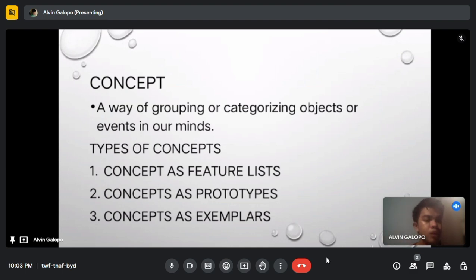Here it allows learners to know that an example under the concept may have variability. So exemplars mean variability, a variety of examples. Those are the three types of concepts: concepts as features, concepts as prototypes, and concepts as exemplars.